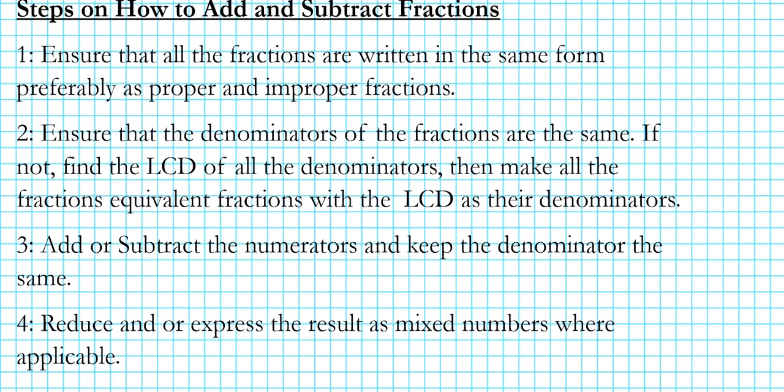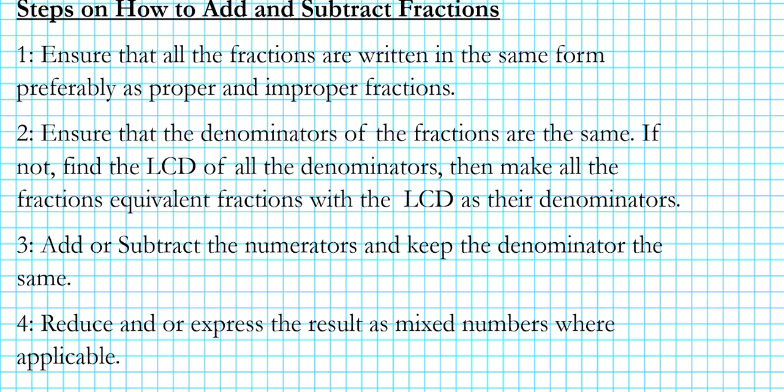Now, after step 2, you should have fractions in the same form with their denominators the same. Step 3, you add or subtract the numerators depending on the operation, but you keep the denominators the same. You don't add or subtract the denominators. Where applicable, you reduce and express the final result as mixed numbers.